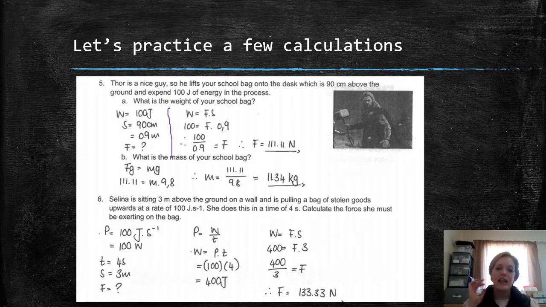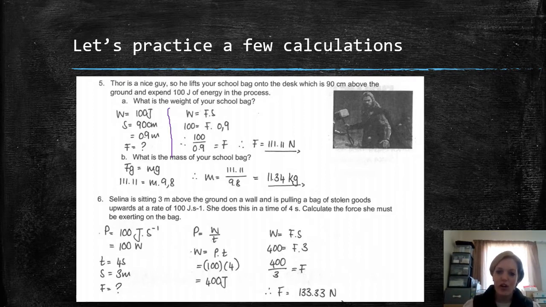Question 6 asks, Selena is sitting 3 meters above the ground on the wall and is pulling a bag of stolen goods upwards at a rate of 100 joules per second. Okay, now it's giving you a little bit more information here. 100 joules per second. That means power, guys, because it's the energy in the time, in the rate of time. So this is a tricky question.